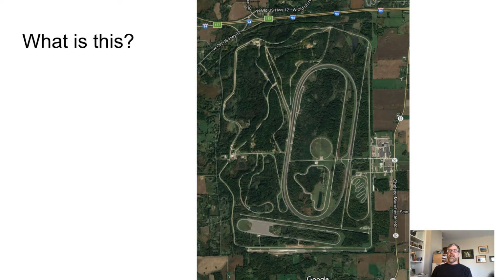And you can see that there is this long track here where they basically just put miles and miles and miles on vehicles. This thing down here is like a brake test, so you can get going super fast along here, and then you slam the brakes on and see what's going to happen.